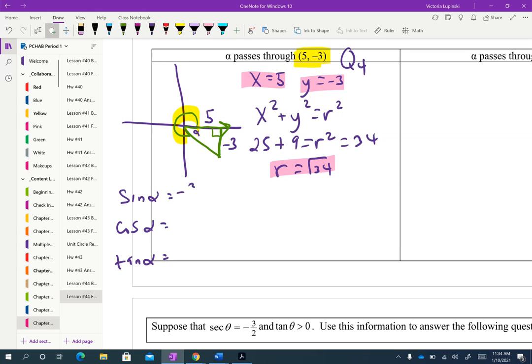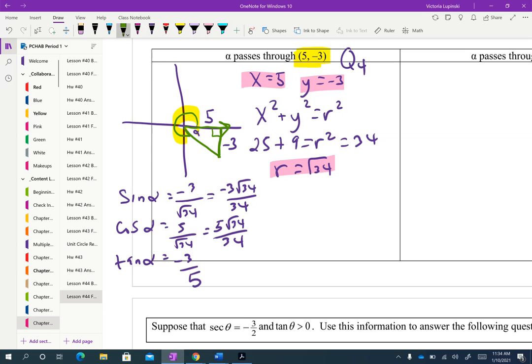So that's negative 3 over the square root of 34, which would become negative 3 root 34 over 34. A cosine is an x over an r, so that would be 5 over the square root of 34, which would be 5 root 34 over 34. A tangent would be a y over an x, so a tangent would simply be negative 3/5.